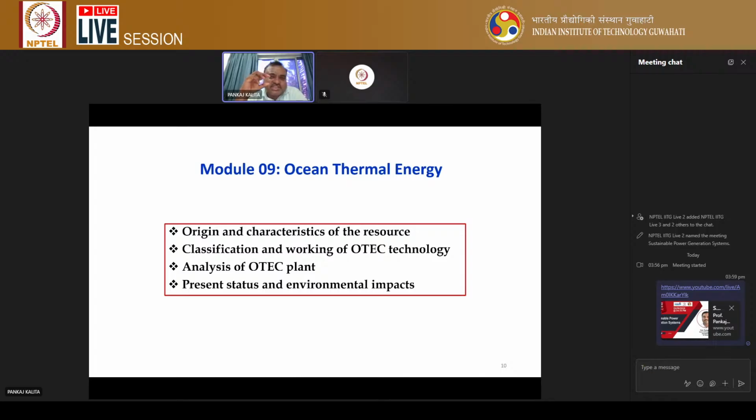Since our purpose is to generate electricity by using this technology, we need to have this minimum temperature difference of 20 degrees. Once we achieve it, then we can actually operate the organic Rankine cycle and produce electricity out of it. And also, we have studied the present status and environmental impacts of these technologies at the end of the discussion.